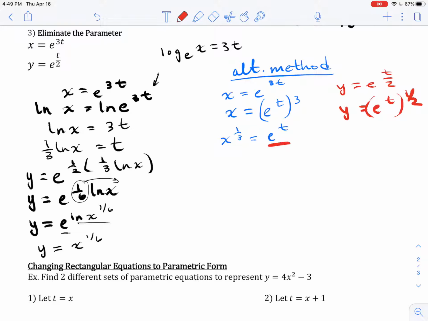Notice I've got e to the t power right over there. So if I substitute now, I can say y, plug that in, y is equal to x to the 1/3, and raise that to the 1/2 power. And we get exactly the same thing. Okay? So, doesn't use any logarithms at all, but I liked it a lot.